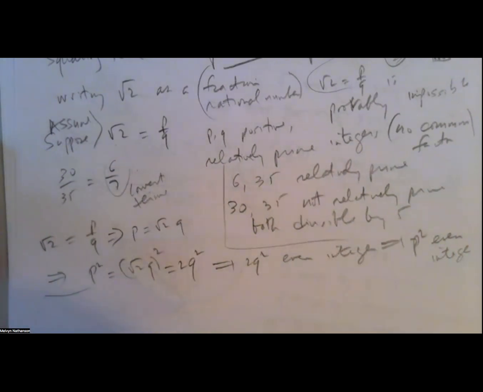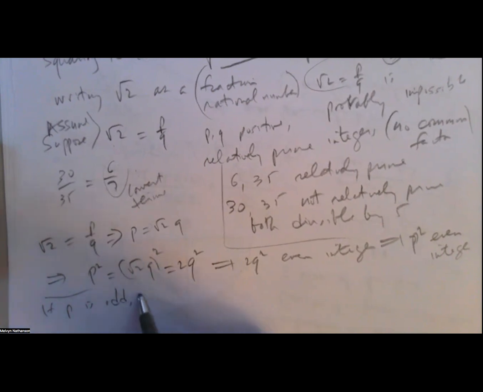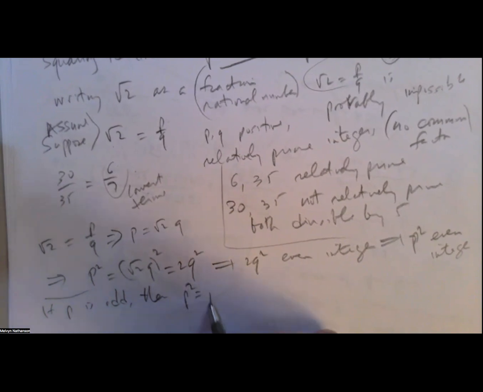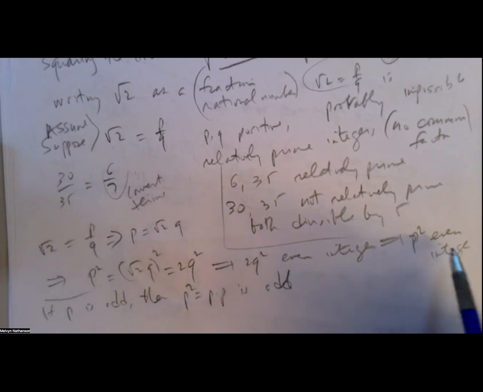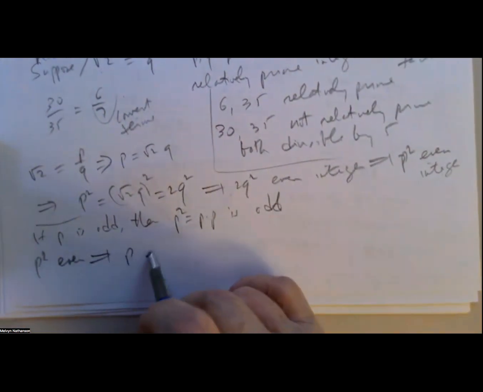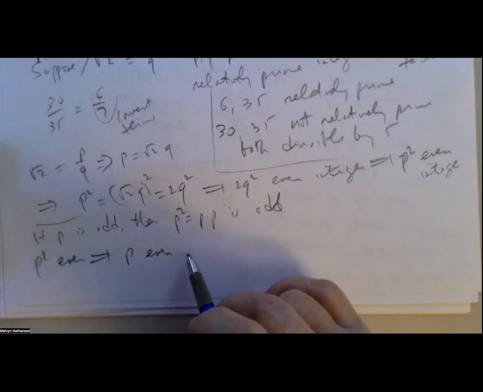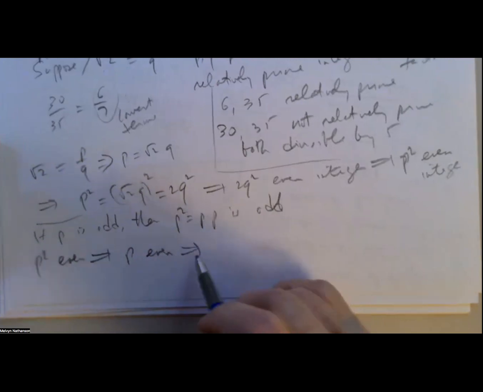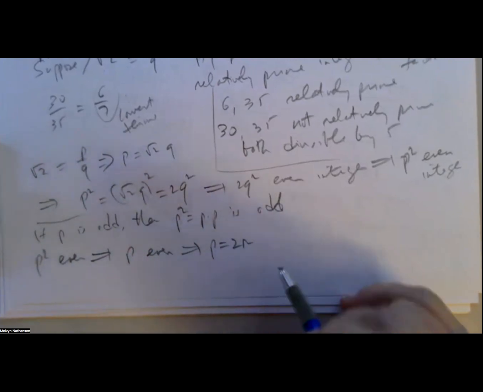Now, you can check that if P is odd, the product of two odd numbers is odd, so P squared, which is P times P, is odd. So if P squared is even, that implies P is even. Even number is a multiple of 2. So P is equal to 2R for some integer R.